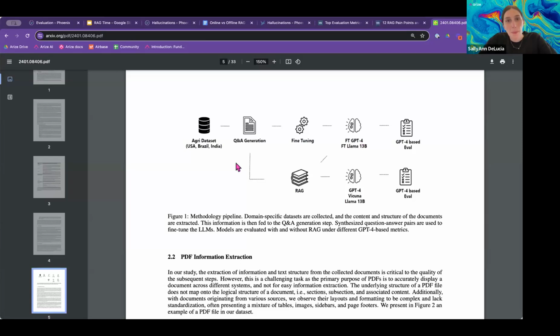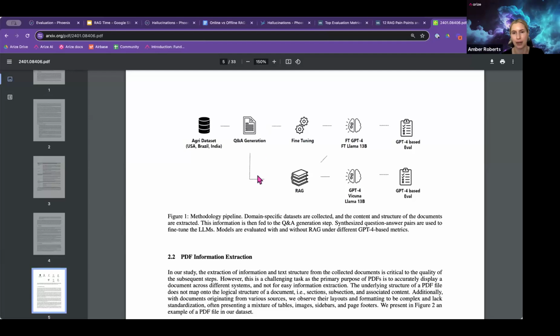Okay. And so this is the general workflow that they did. You mentioned how they created and generated the QA pairs. So, a real world use case, but not real world data: the generated data and information from these large language models.